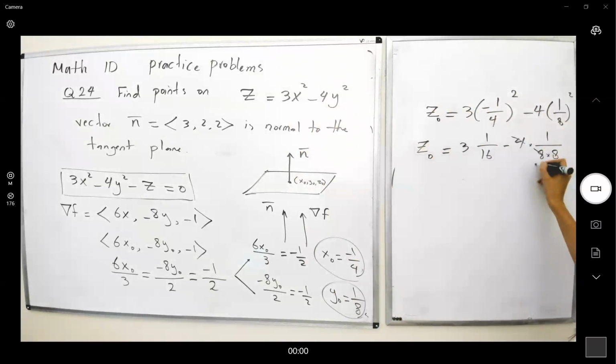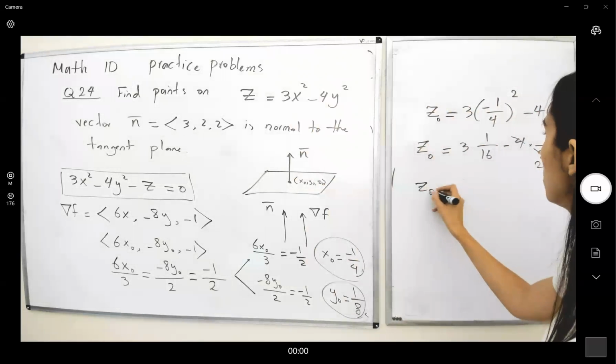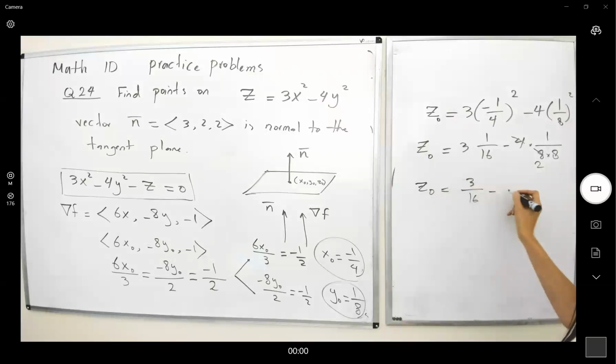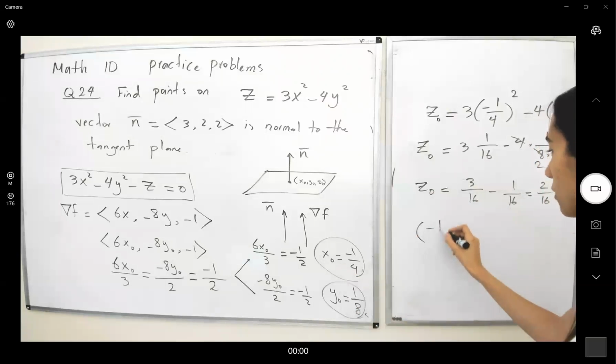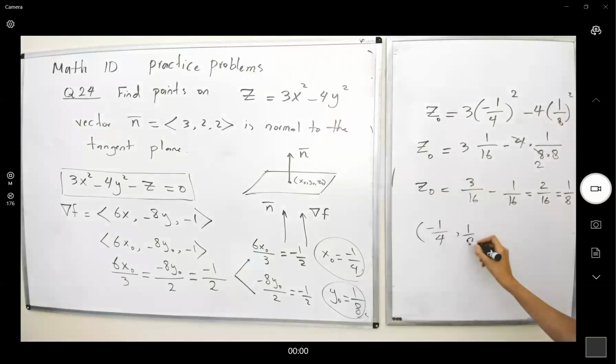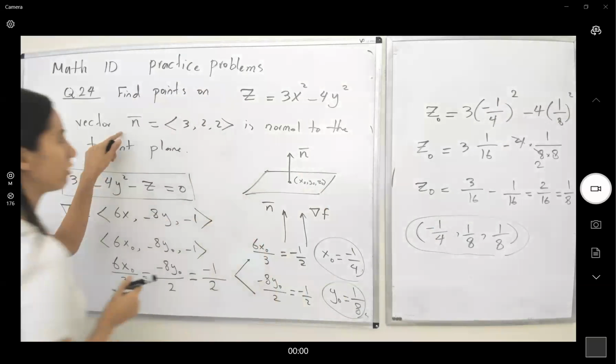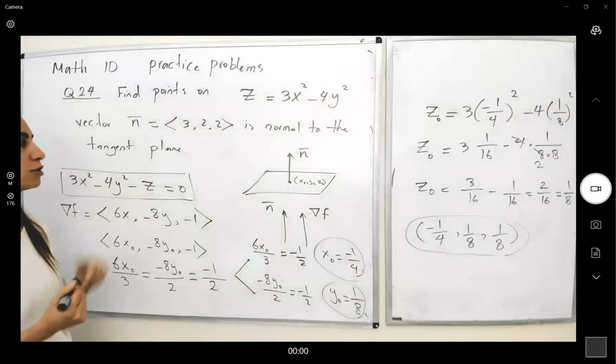Well, let us simplify to 2. So z sub 0 is 3 over 16 minus 1 over 16, which is 2 over 16, or just 1 over 8. So the point is negative 1 over 4, 1 over 8, and 1 over 8. We found the point at which the vector is normal to the tangent plane.